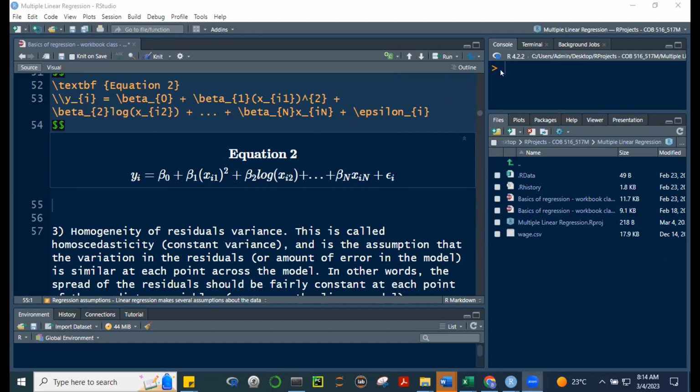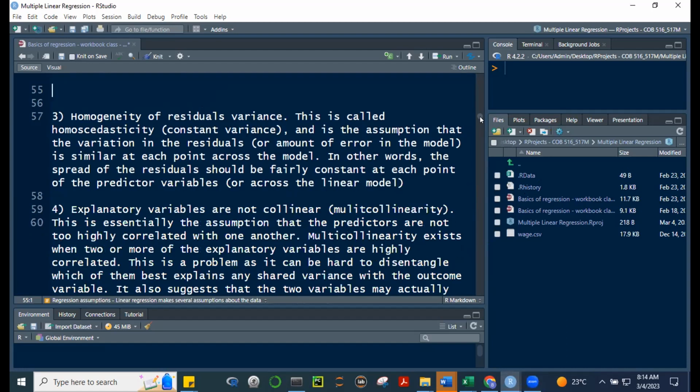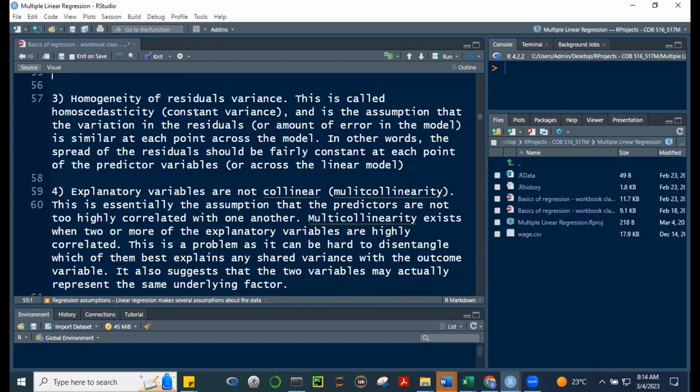We have certain assumptions for our multiple linear regression model using OLS, ordinary least squares. There should be a linear relationship between your dependent and independent variables. There should be linearity in the parameters. The residuals should be homogeneous, constant variance. Also, the explanatory variables should not be collinear. There should be no multicollinearity.